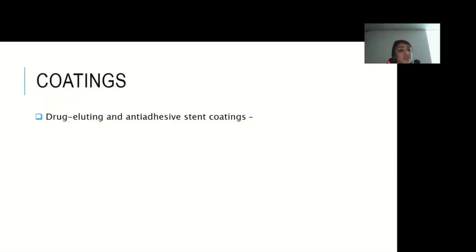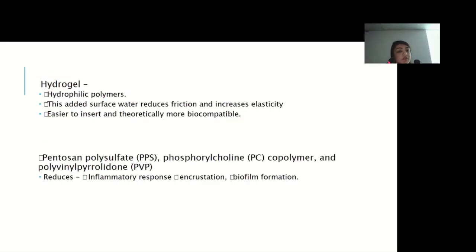Coatings on the DJ stent are very important. The main goal of the coating is to prevent biofilm formation and to prevent incrustation. It helps in improving stent handling and improves the patient's symptoms as well. We have various coatings, but they are broadly classified into a few types. First of all is hydrogel.